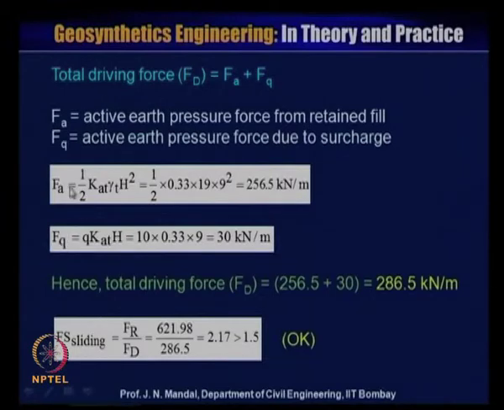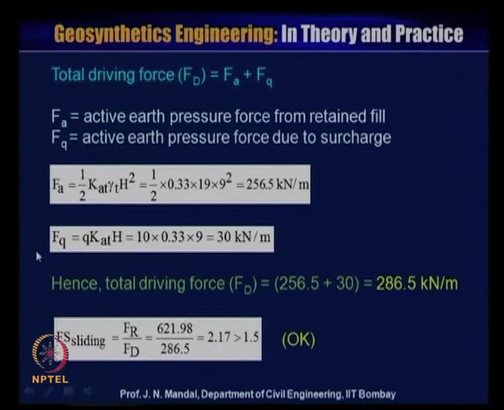Here the active earth pressure from the retained fill is equal to half KAT gamma T into H square, half into KAT value equal to 0.33, gamma T is 19, H is equal to 9, this is 9 square. So this FA, that means the active earth pressure force from the retained fill, is 256.5 kilonewton per meter.